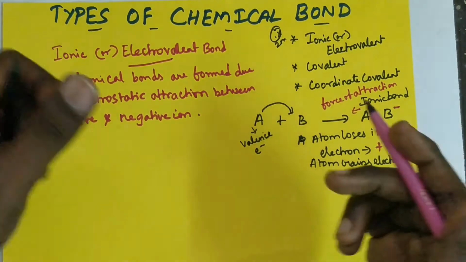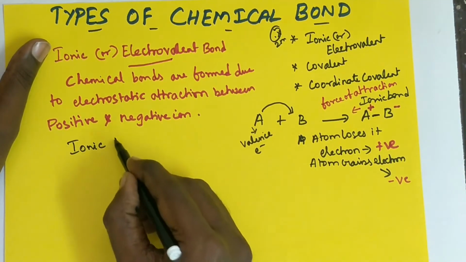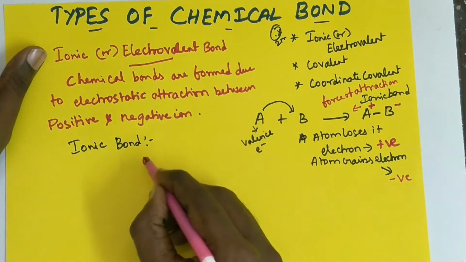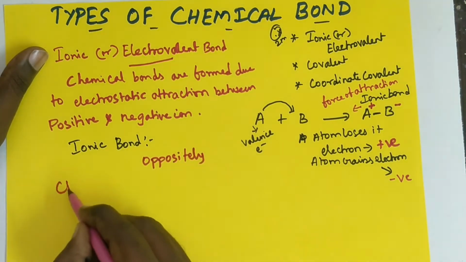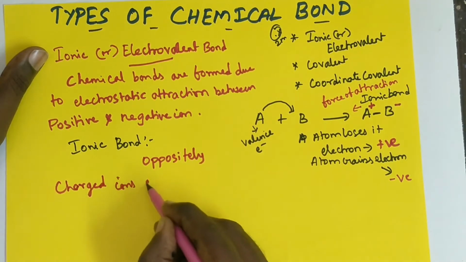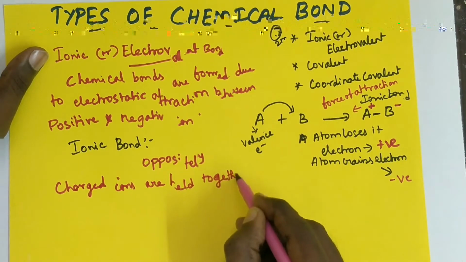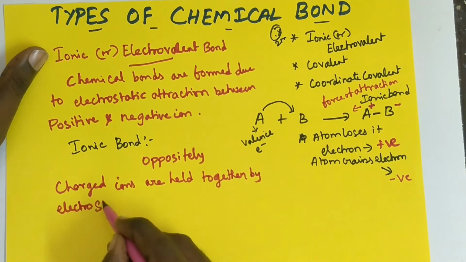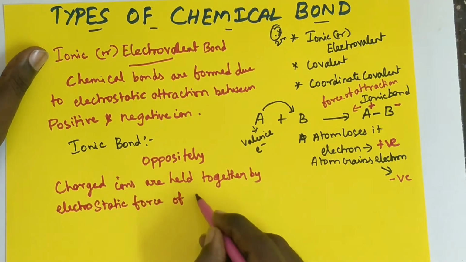So based on this, ionic bonds are defined as oppositely charged ions held together by electrostatic force of attraction.